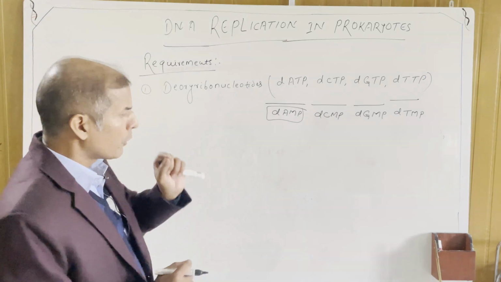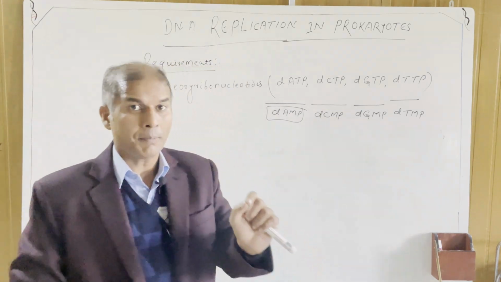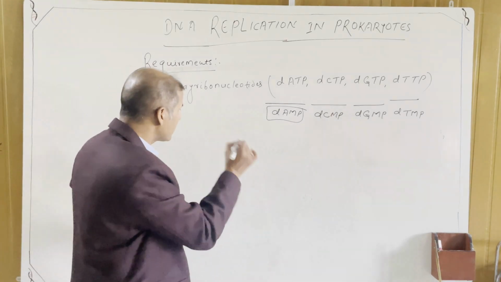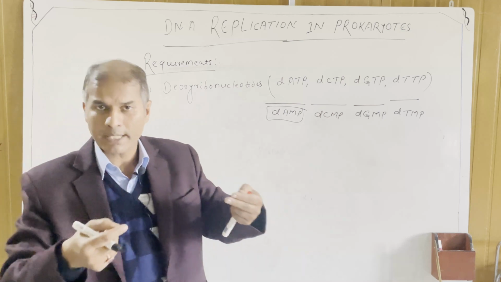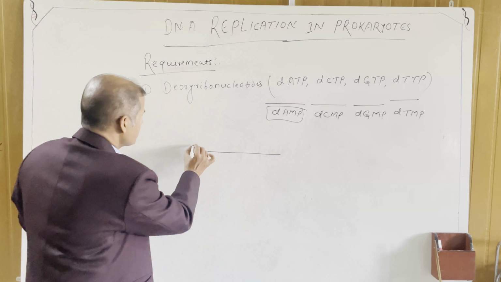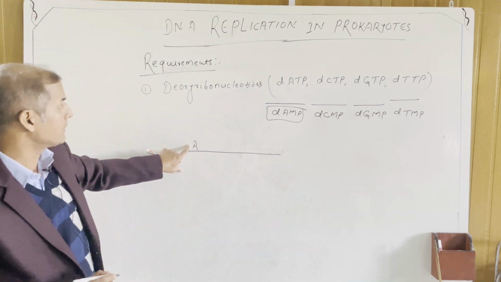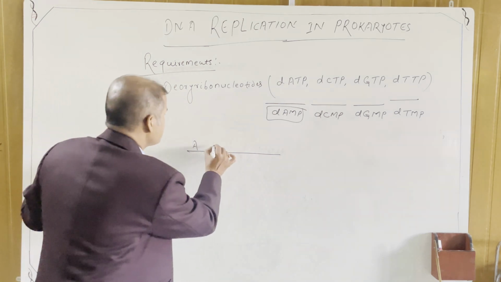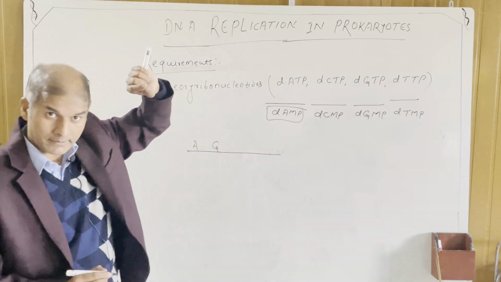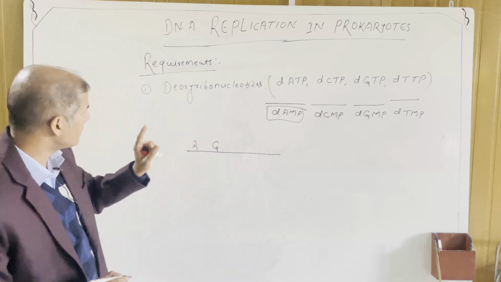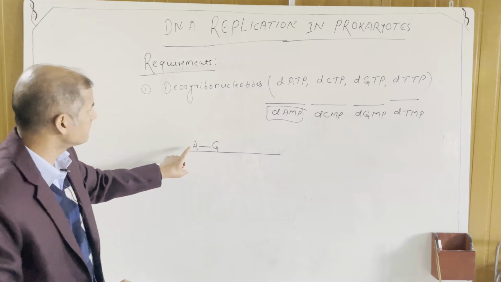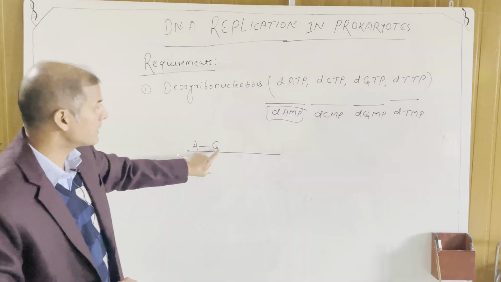We know that when DNA is formed, the deoxyribonucleotides are held together by phosphodiester bonds. Suppose this is a DNA strand, and suppose this A stands for dAMP and this G stands for dGMP. In an individual strand of DNA there is a phosphodiester bond between this dAMP and dGMP.